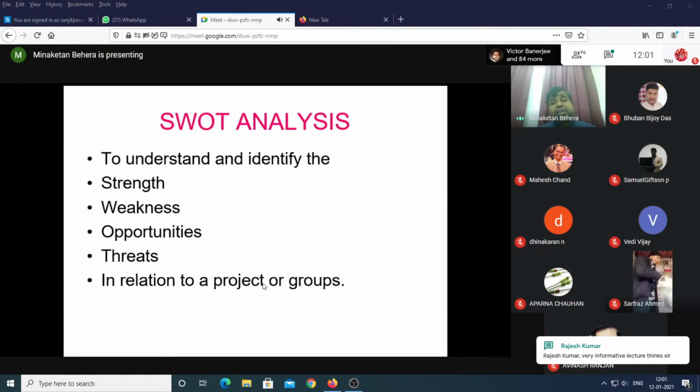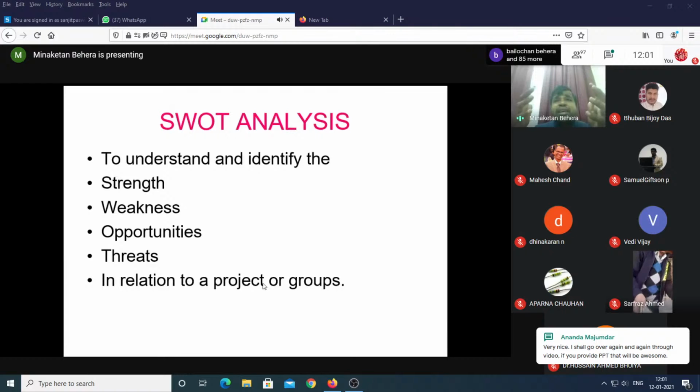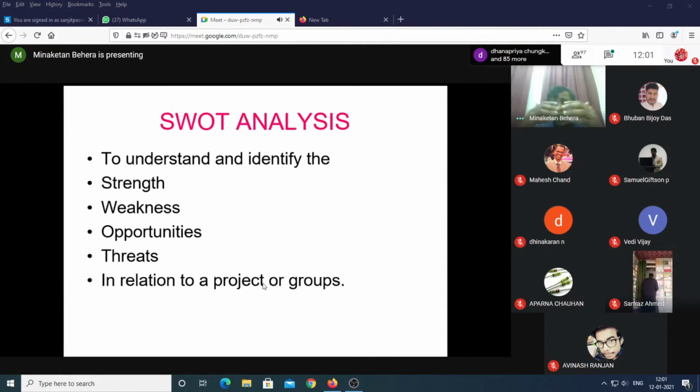For any program you are conducting, you have to explain its strengths, weaknesses, opportunities and threats. This is the important tool through which we can analyze the achievement of a program, identify its limitations and the challenges you can eradicate. So many dimensions are there in participatory rural appraisal and rapid rural appraisal.